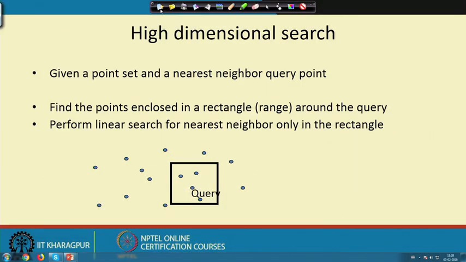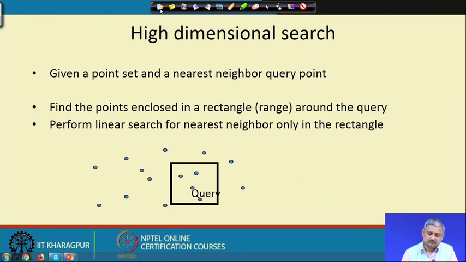The idea of all of these is the following: I have these training instances, a query point, and a value of k, and I want to find the k nearest neighbors.